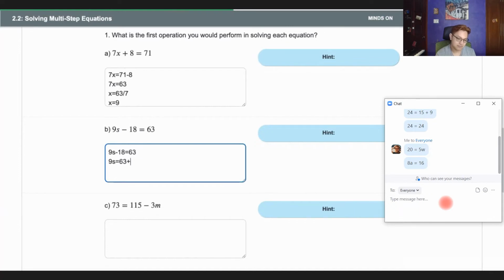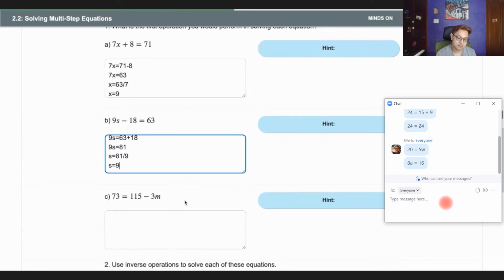No, plus 18, which is equal to 81. Then you bring 9 over to the right side, so it's 81 divided by 9. That's equal to 9. Yeah.